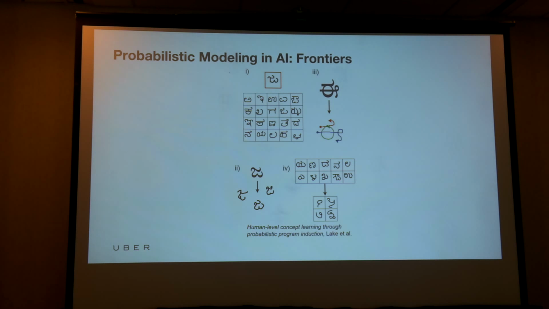And the cool thing about having such a rich structured model of handwritten characters like this is that you can do really powerful sorts of inference and generalization. You can parse images of characters into interpretable programs that generate new examples. You can learn to generate entirely new classes of characters from a single example.